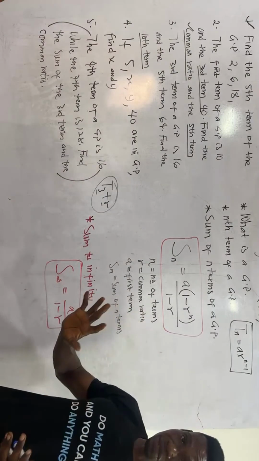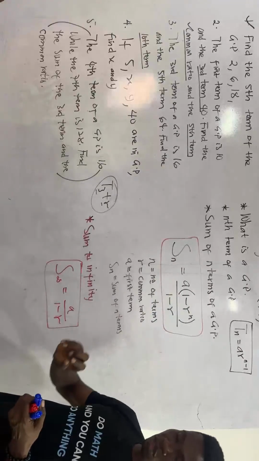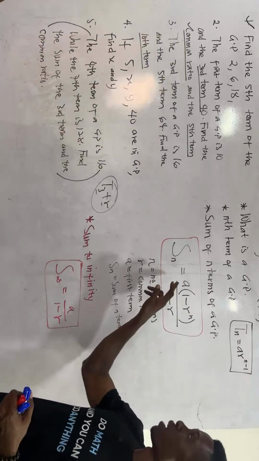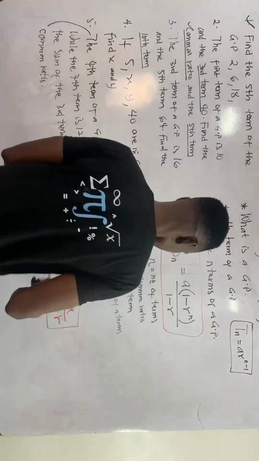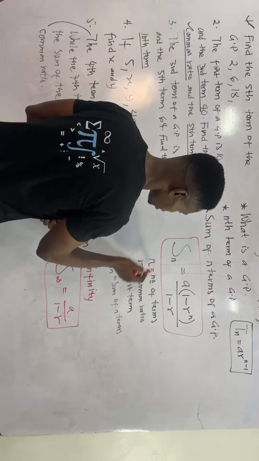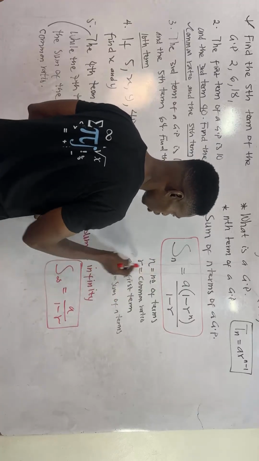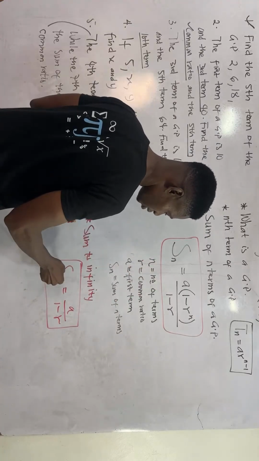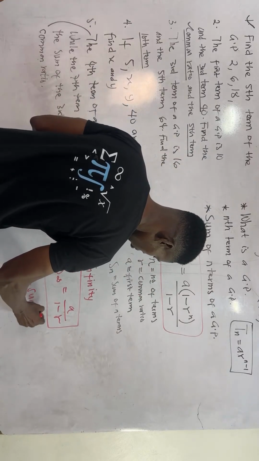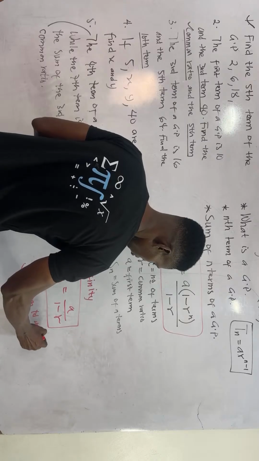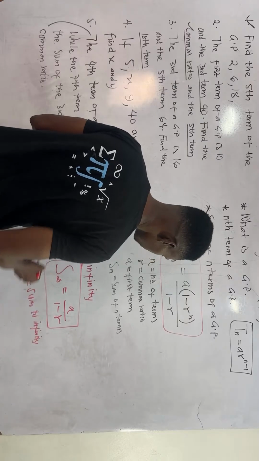If it's a finite one, you use the other formula to find the sum of the n terms of that series. In this other case, your A is the first term, R is the common ratio, but now you have the sum to infinity.